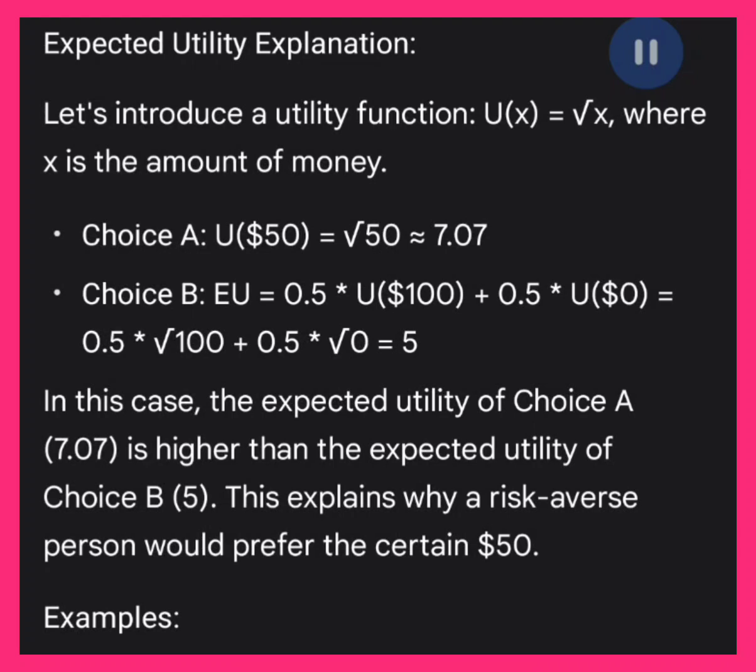Choice B: EU equals 0.5 times u($100) plus 0.5 times u($0), which equals 0.5 times square root of 100 plus 0.5 times square root of 0, which equals 5. In this case, the expected utility of choice A, 7.07, is higher than the expected utility of choice B, 5. This explains why a risk-averse person would prefer the certain $50.